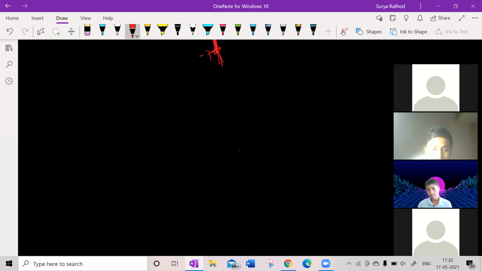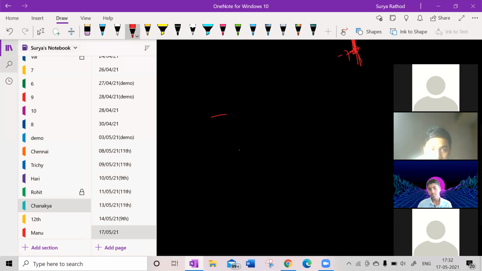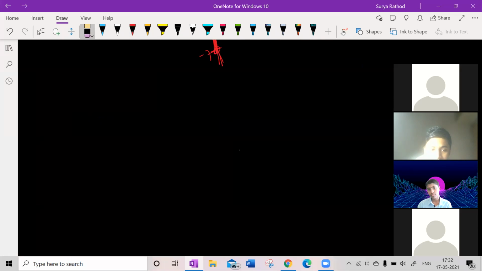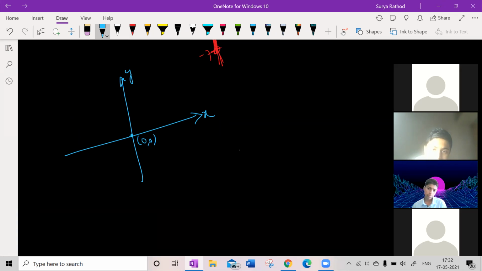Okay, let me check this question once. Which kind of diagram is this? Look at what they have given. Let us draw it like this. Shahil has sent the coordinates, no need. 0, 0 and a point given 3, 0.